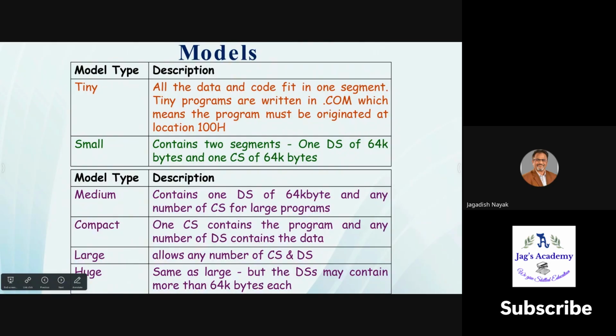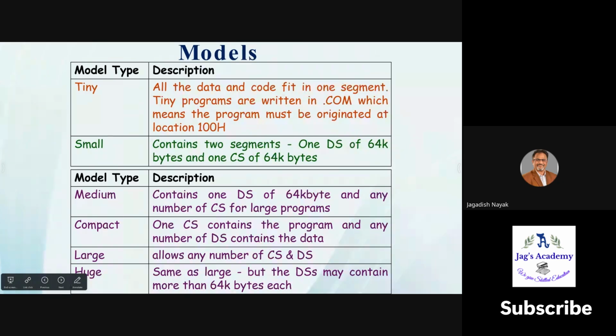In such cases, your data size and your code size will become 256 KB, 512 KB, or more. You cannot put everything in one 64K block, so definitely one has to use large models.